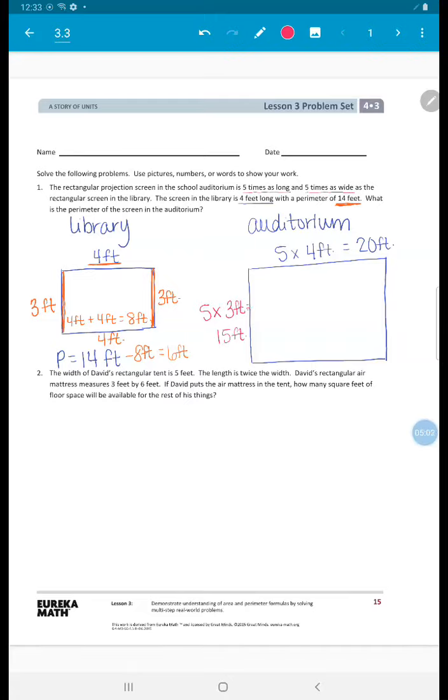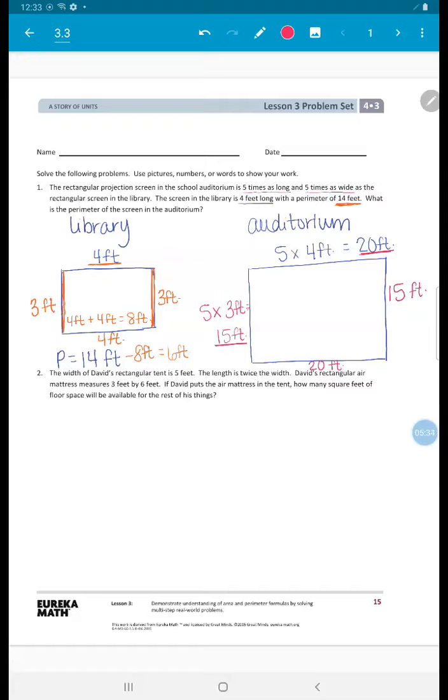So now I know that the length is 20 feet. The width is 15 feet. By definition of a rectangle, if this side is 15 feet, then the opposite side is going to be 15 feet as well. If this is 20 feet, this will be 20 feet as well, because remember, the opposite sides of a rectangle are the same length.